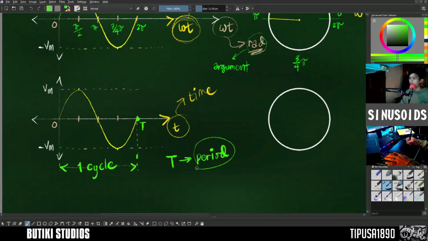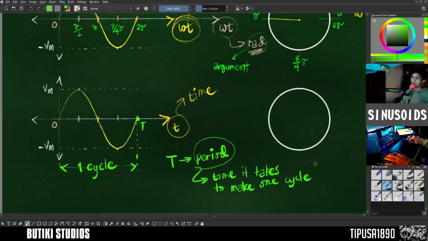The period is basically the time it takes to make one cycle. So one full cycle is T seconds, no matter how long it is, as long as it is T seconds. So to say, the half is T over 2.